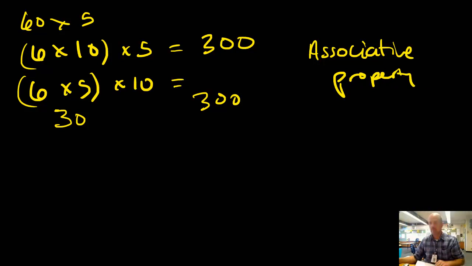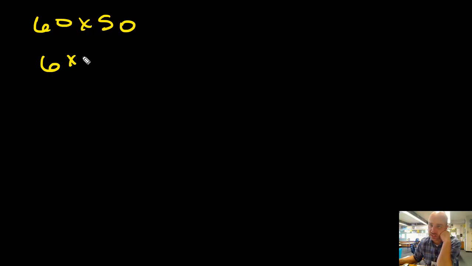So let's take a look at this as 60 times 50. When we do 60 times 50, you could think of it as 6 times 10, and then 5 times 10, right?